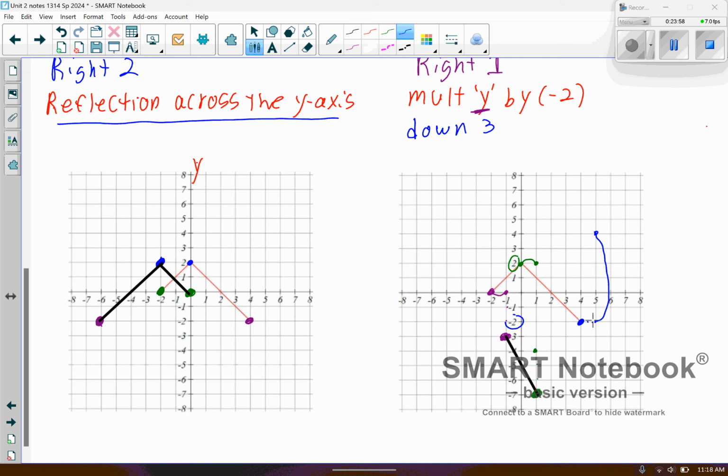So I went to the right 1. Multiply my y value by -2 because I had a reflection and a stretch. I reflected and stretched by a factor of 2. So I end up right here. Then the last thing I have to do is drop down 3 units. 1, 2, 3. So I end up right there. And I'll put a big dot right there just so we can distinguish the process right here.